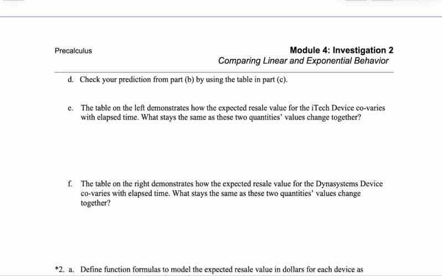So, check your conviction. Okay, so we were wrong. It's product 1. The table on the left demonstrates how the expected resale value co-varies with elapsed time. What stays the same as these two quantities' values change? That would be that 0.70. That 0.70 was used every time. The table on the right demonstrates how the expected resale value co-varies with elapsed time.